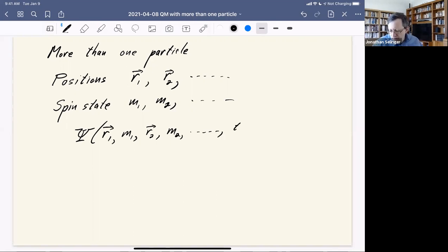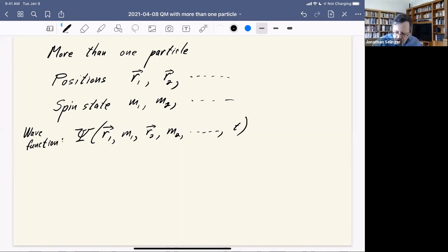And also a function of time. So this is the general wave function for a system with more than one particle. And then this wave function provides you the kind of information that we've gotten from a wave function before.